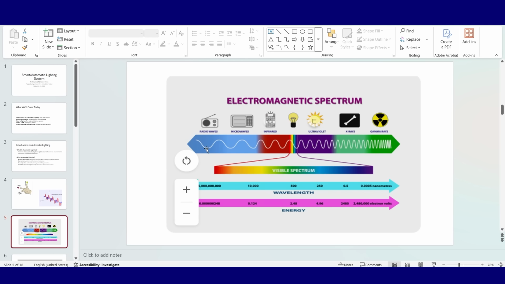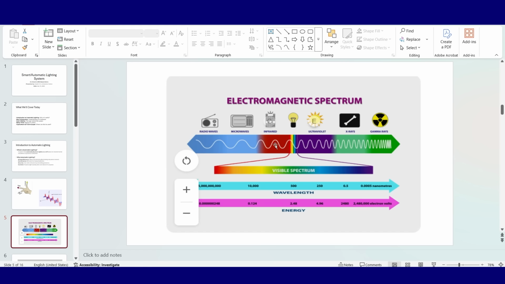Radio waves, as you see, have a low frequency and hence the wavelength is high. What is a wavelength? Wavelength is the distance between two crests or two troughs. So when the frequency is low, like for the radio waves, the distance between two crests is high. Similarly for microwaves.